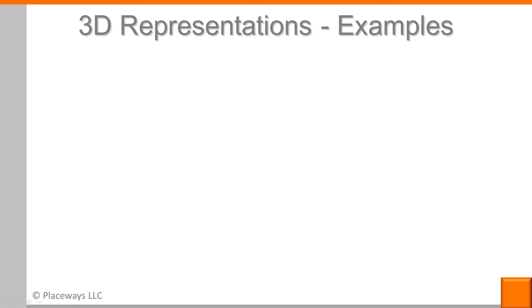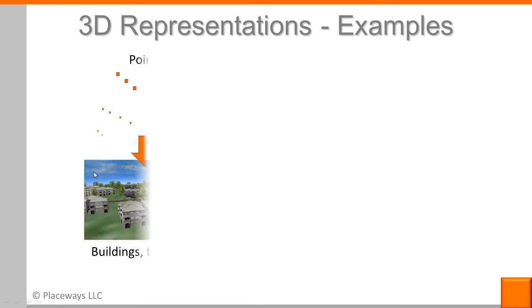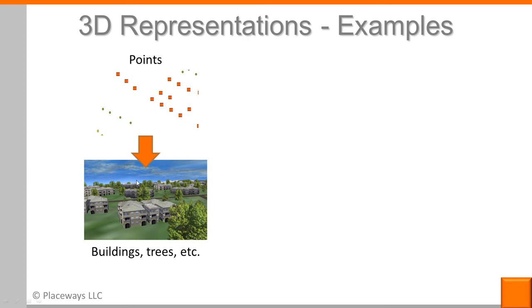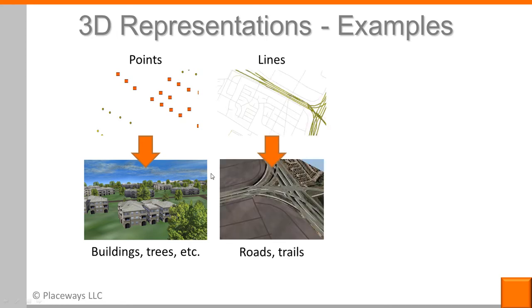Let's start with a few concepts of how the Google Earth Exporter goes from 2D to 3D. Points on a map usually turn into models in a 3D scene. Buildings, trees, these have volume, you can fly around them. Lines on a map generally turn into lines in the 3D scene, maybe roads or trails.